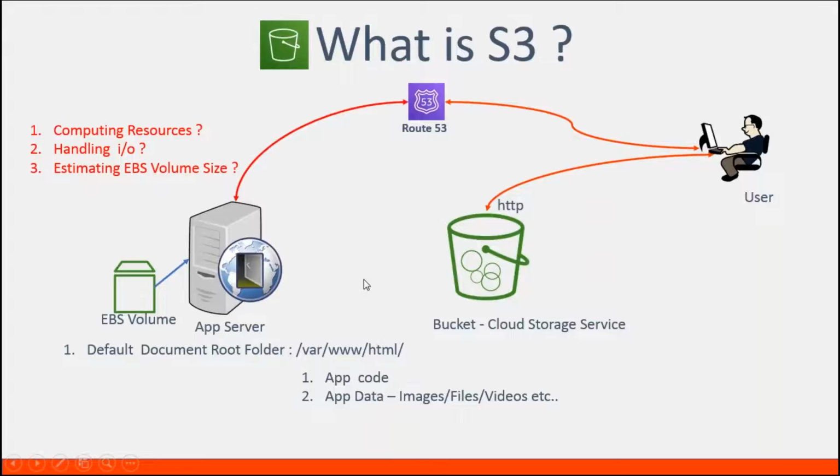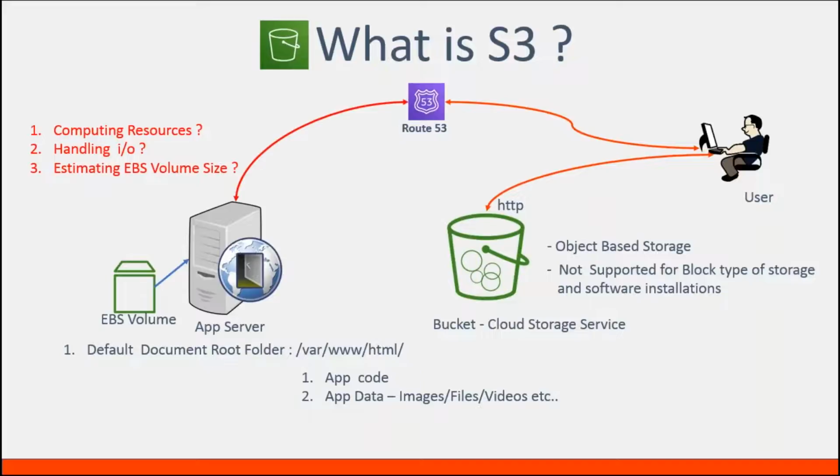Okay, this is great. So this S3 bucket is called object-based storage, whereas the EBS volumes are called block storage. The S3 is the object storage. Okay, what is the difference?